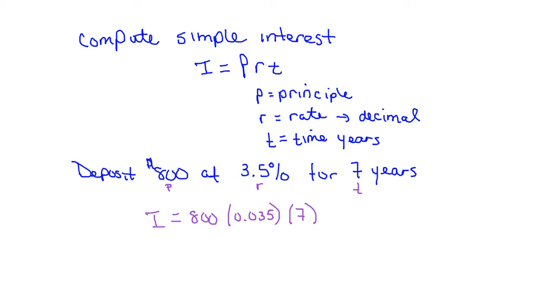And here we would get $196. So notice that the rate isn't too big, and of course if you put more money in to begin with, then the amount of interest that you would make would be more.